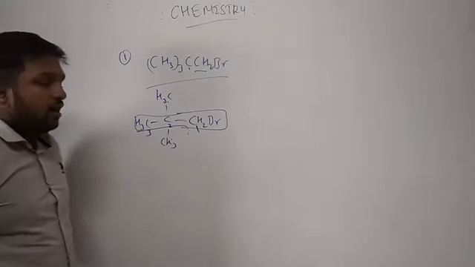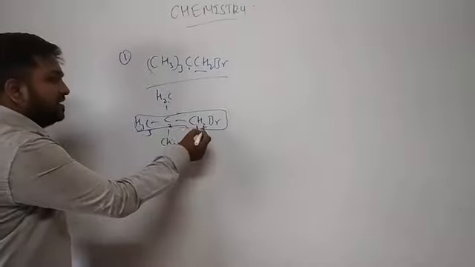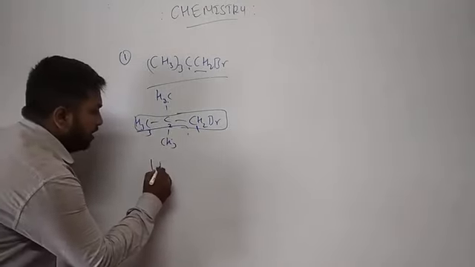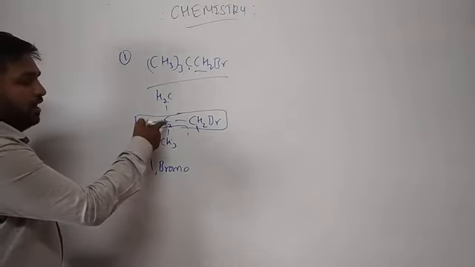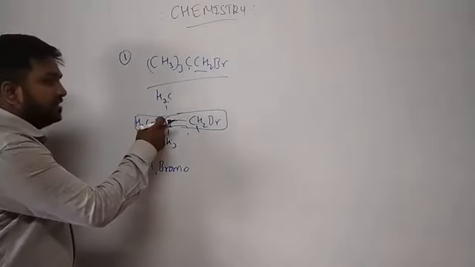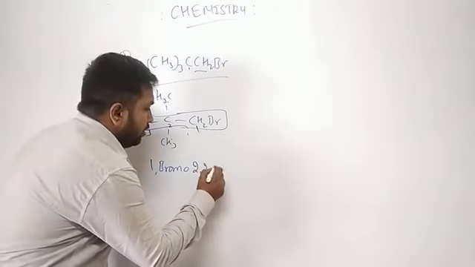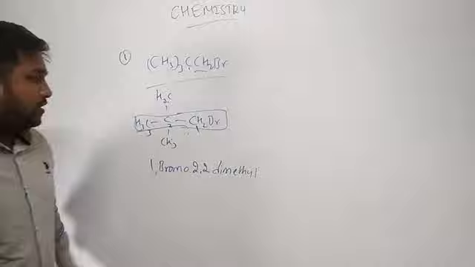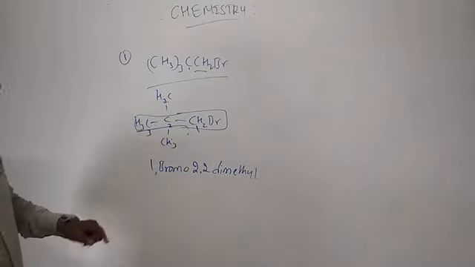Clear? So now let's write the IUPAC name. Bromine is attached to the first carbon atom, so it is 1-bromo, and you have two methyl groups attached to the second carbon atom. So 1-bromo-2,2-dimethyl, because 2 methyl groups have been attached.